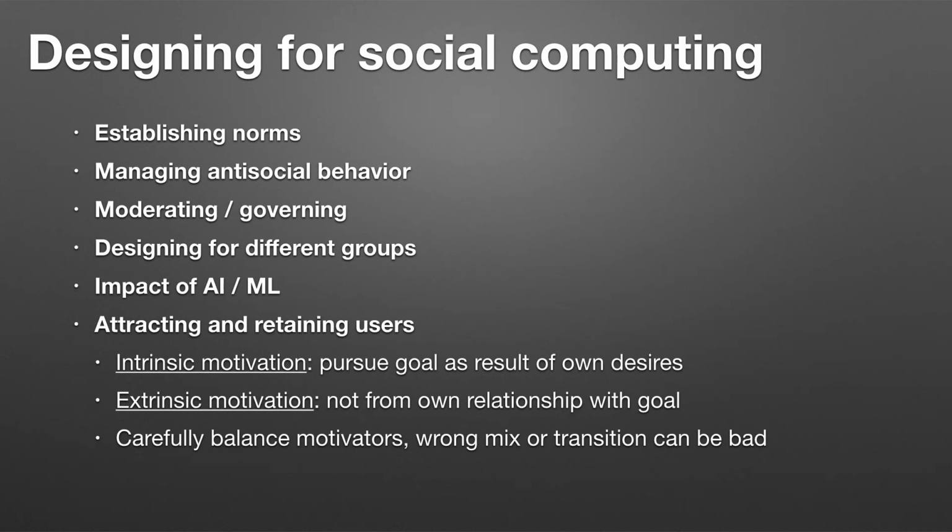But the motivation is different from, I'm really interested in painting landscapes of mountains, right? I just like that, so that's a more intrinsically motivated goal. So you've got to balance that depending on what you're building. The wrong mix of that can be difficult.